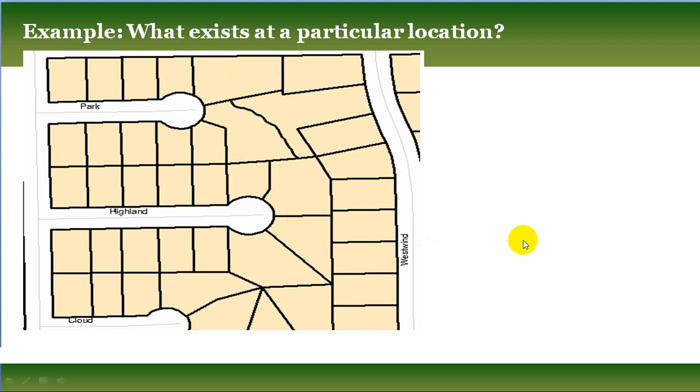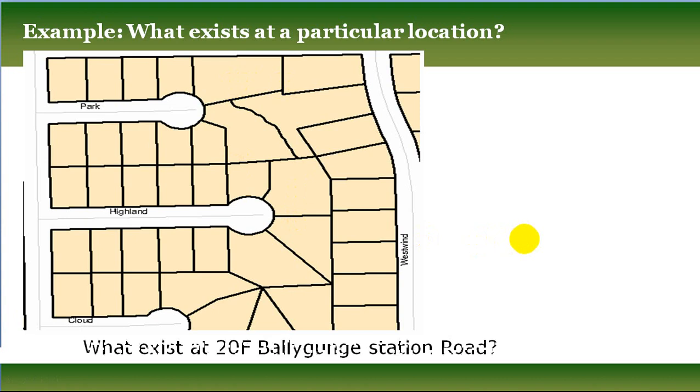Now once you have such geographical data, if you ask the GIS software what exists at 20F Baligon Station Road, this is a totally abstract way I am presenting it, it's not real.